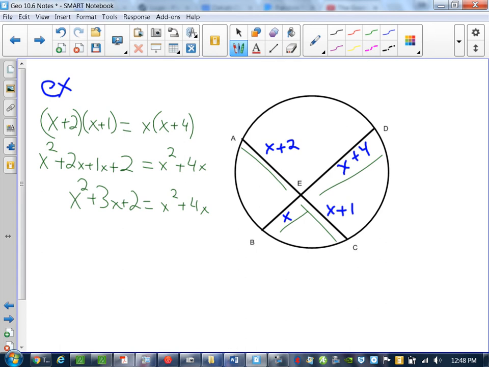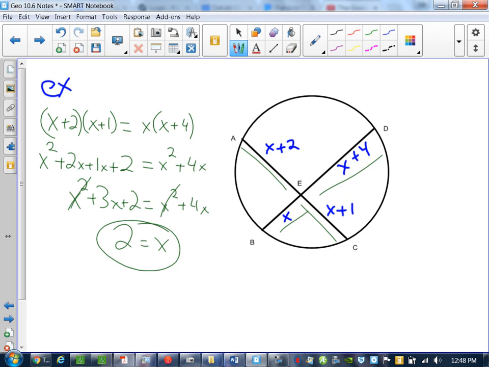They cancel each other out, because if you subtract it going from left to right or from right to left, they just drop. So the x squareds go away. And you're left with 3x plus 2 is 4x. Who are you going to pick on, 3x or 4x? 3x. Subtract it over, what do you get? There we go.